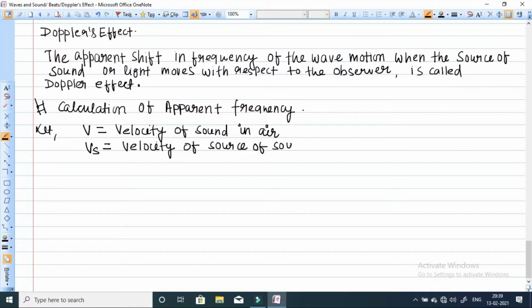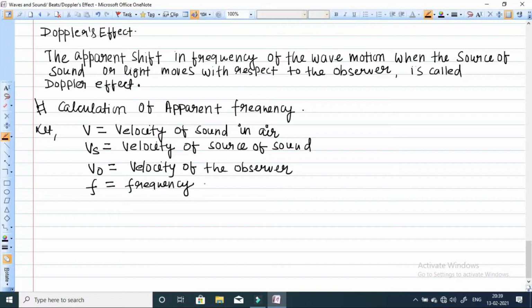Suppose the source of sound is also moving and its velocity is equal to Vs. V naught is equal to the velocity of the observer, if the observer is moving, and f is equal to the frequency of the source.